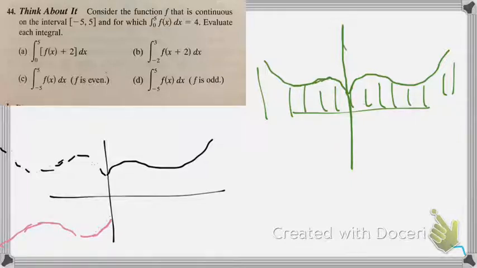Right? So we really would have had this for D. We would have had all the pink. So think about the integral from -5 to 5 now. It is 0. That negative area cancels out our positive area.